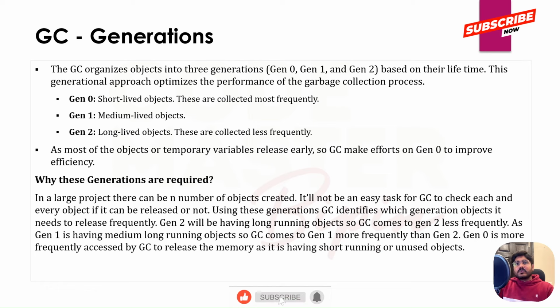Generation 2 will have long running objects, so the GC comes to generation 2 less frequently. As generation 1 has medium long running objects, the GC comes to generation 1 more frequently than generation 2. And generation 0 is accessed most frequently by the GC to release memory as it has short running or unused objects. So this is the reason these generations are required in the garbage collector.